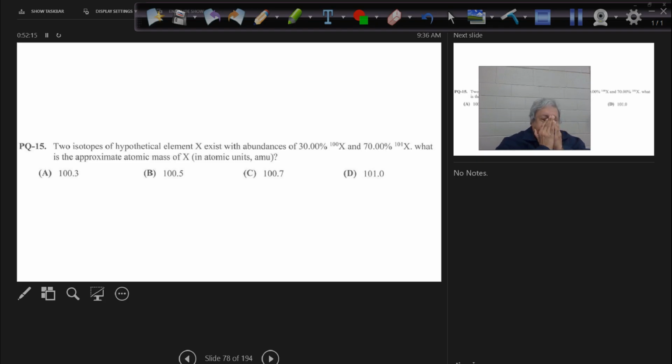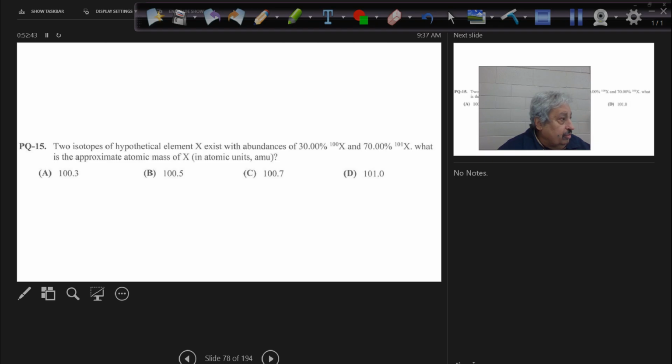Calculate and tell me. Is this coming in the final exam? Yes, in the lecture, not in the lab. In the lecture, yes. The average weight atomic mass number that will come. I'm sure that it will come. So everybody knows how to do it.